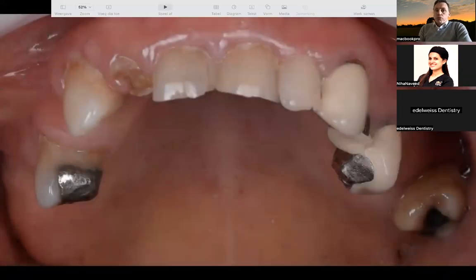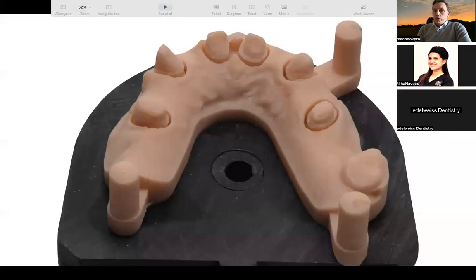In the clinical workflow, as we work daily, we get a patient like this who broke some teeth and has some abrasion, some erosion, and some old crown and bridge work, and we will restore it. We do an intraoral scan. We do the preparations. Based on the preparations, we do a new scan, and then we go to the 3D printed model.